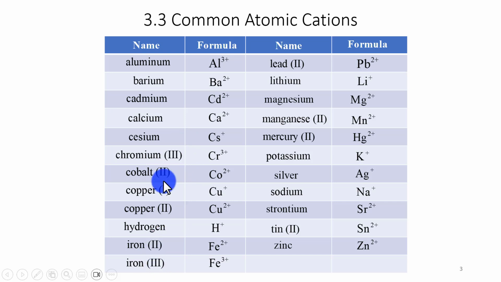So these are all transition elements that form multiple ions, and a few over here. I suggest that you print this list and that you have it handy so that you can refer to it when you're doing problems.